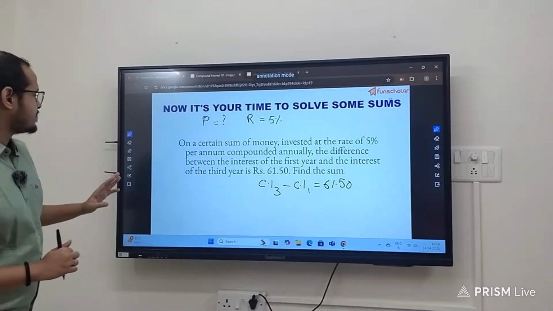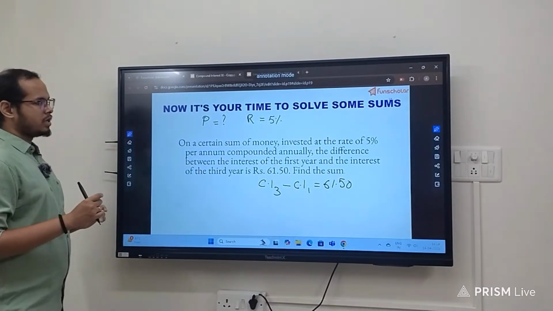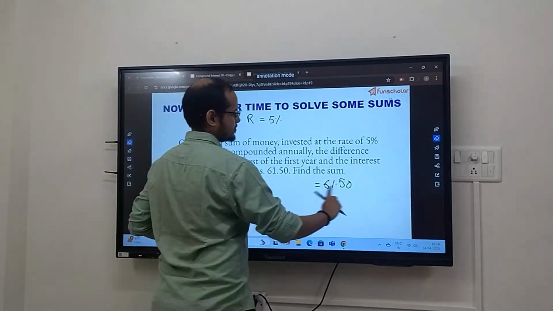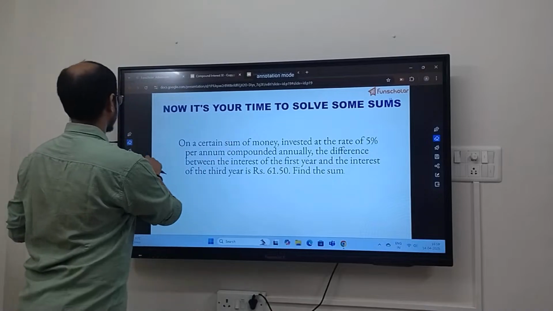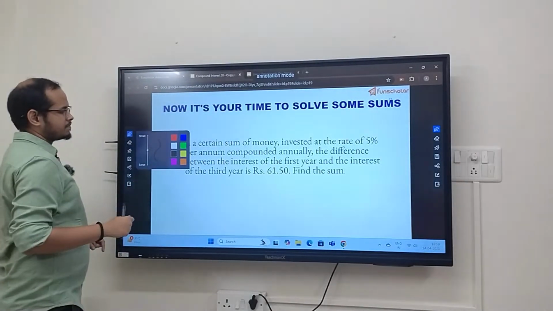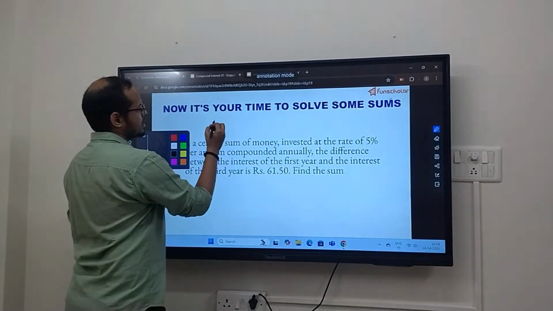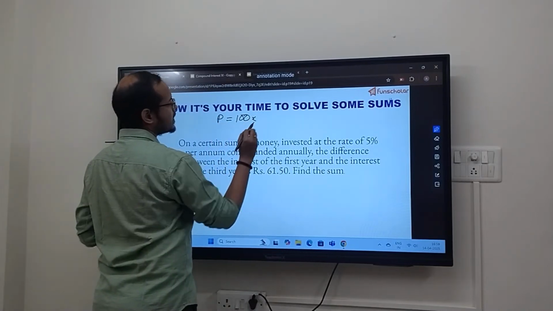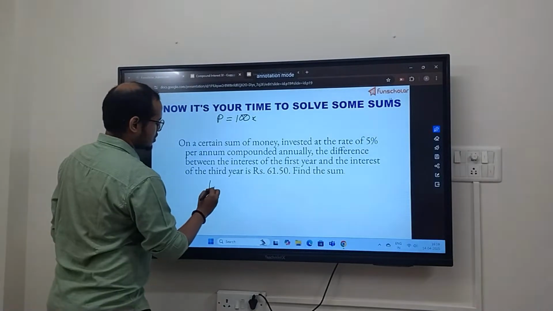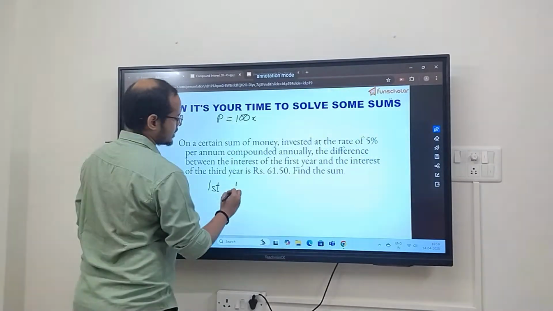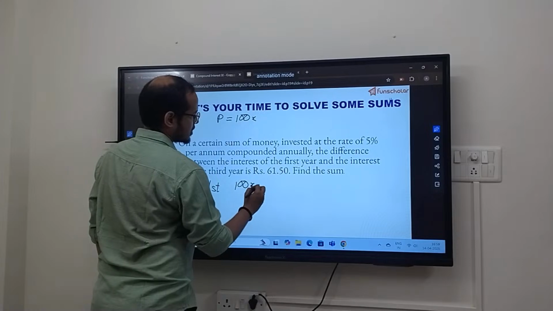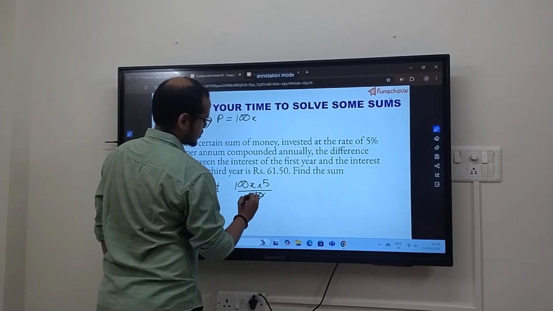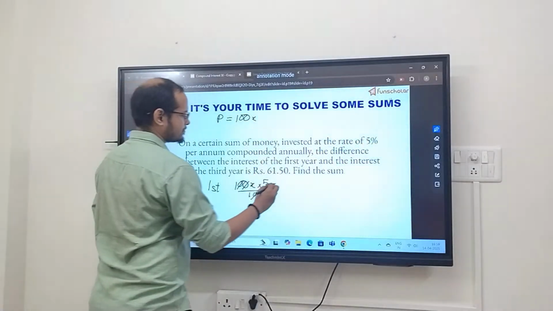Now I will show you one particular thing for this sum. Let me utilize a different method for this. Let's see how to solve this. So let the principal be 100x. For the first year we are getting 100x into 5%, so 5x.